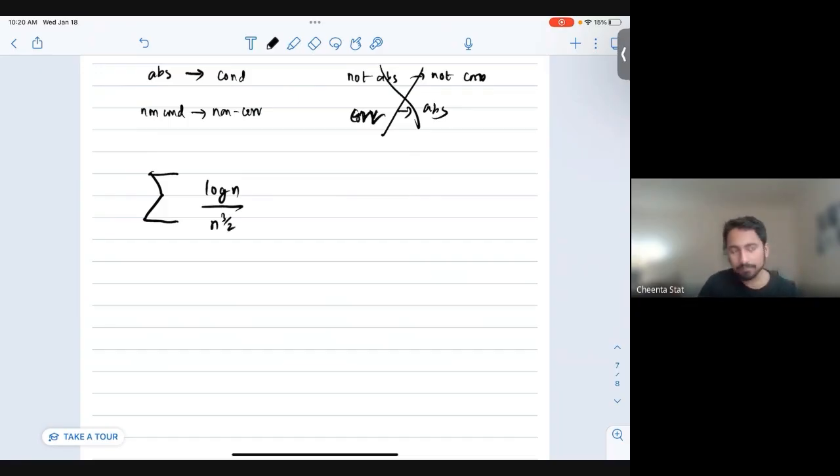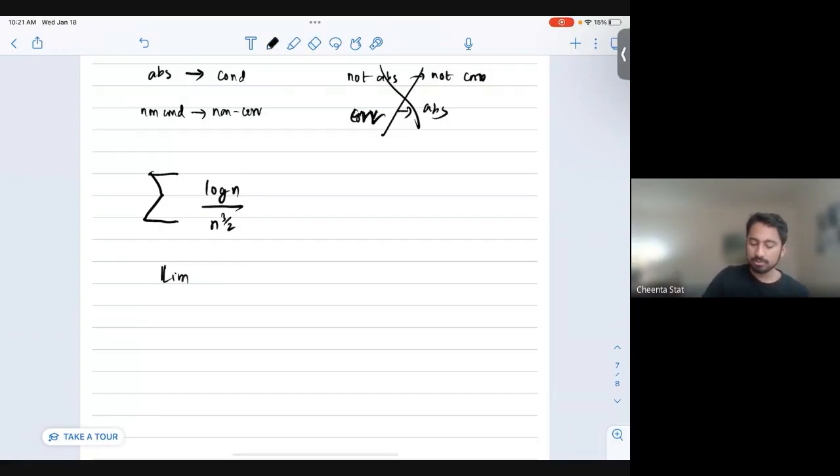The basic idea is that log n is usually less than some nth power, like n to the power k.